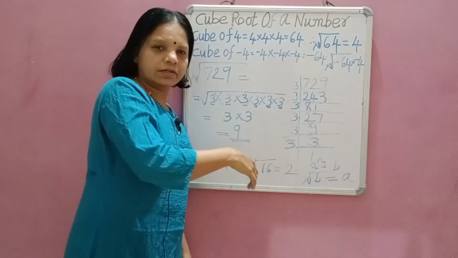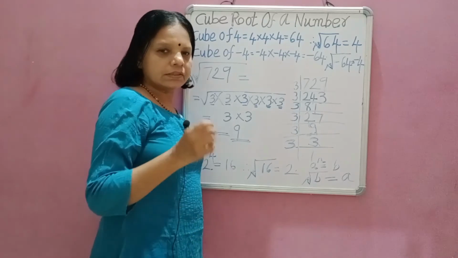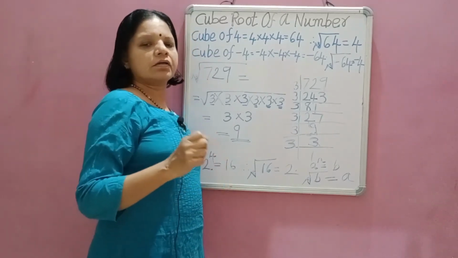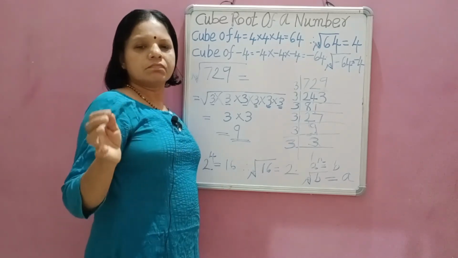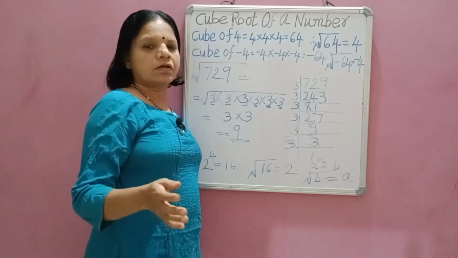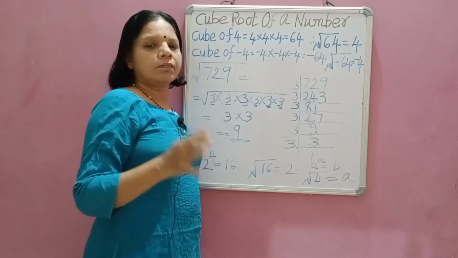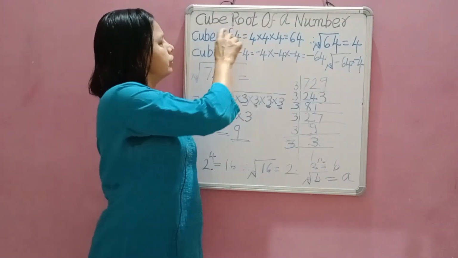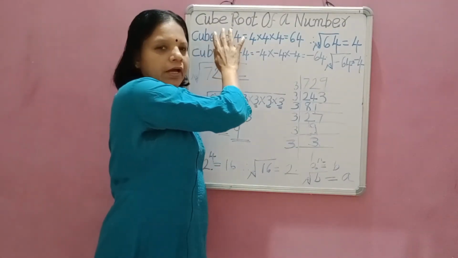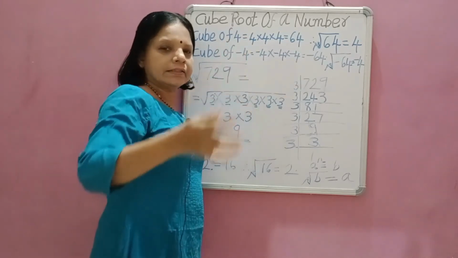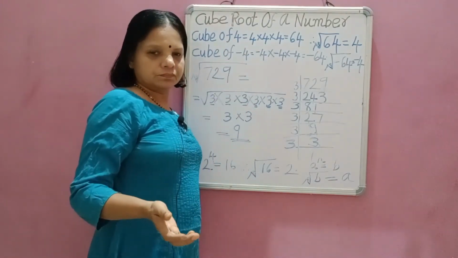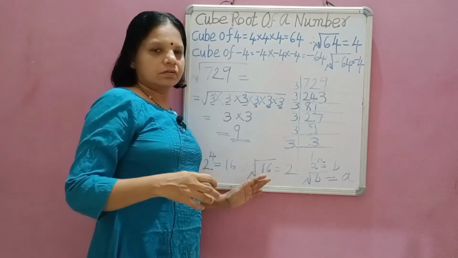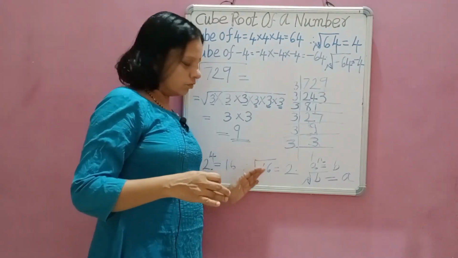This all we will study in detail later. But in general, we can say that indices are repeated multiplication, whereas roots are repeated division. Clear? Here I only wanted you to understand what is cube root. But this extra knowledge I have given. You don't worry about this.